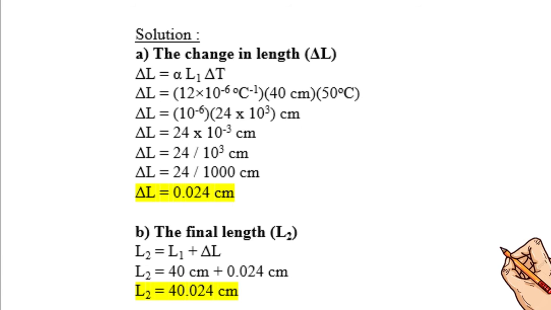Then you will end up with a change in length equal to 0.024 centimeters. For the final length, substitute the values of the initial length and the change in length. After substituting, add both of the values and you will end up with 40.024 centimeters.